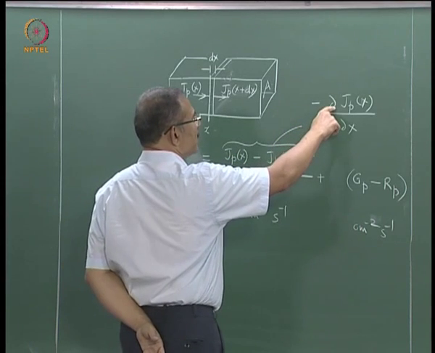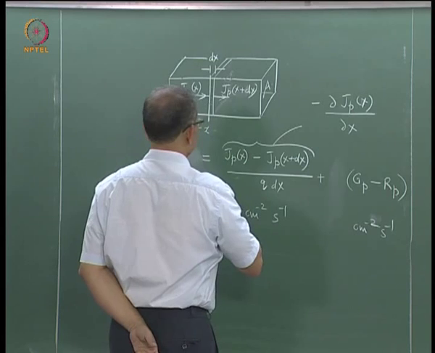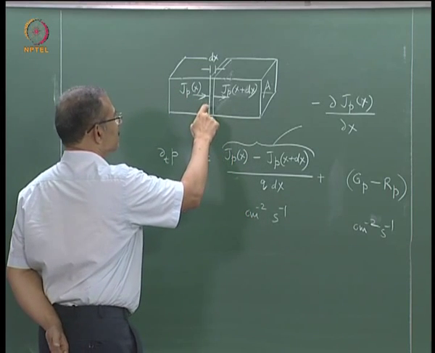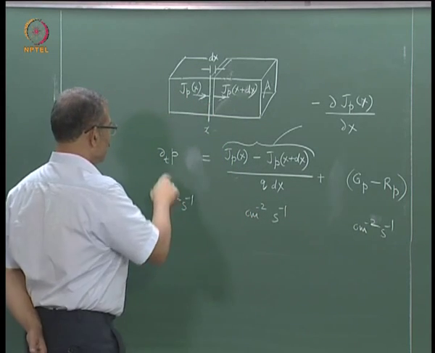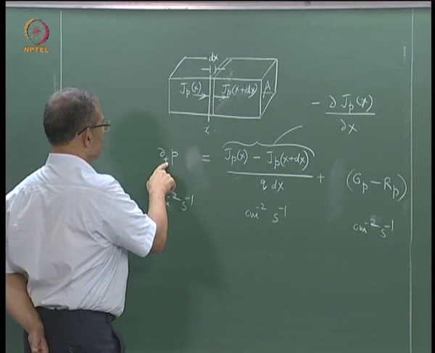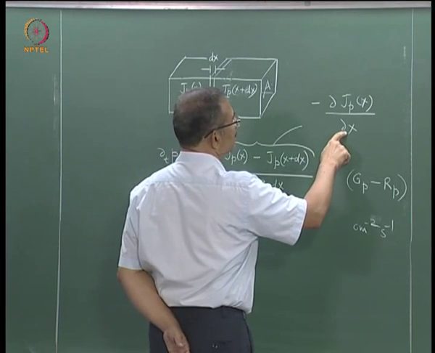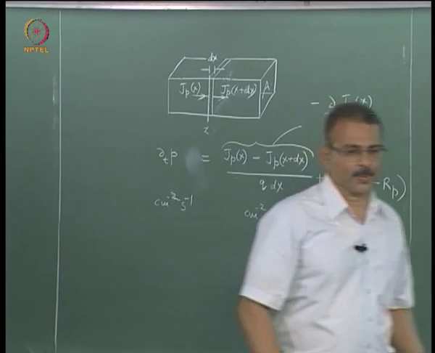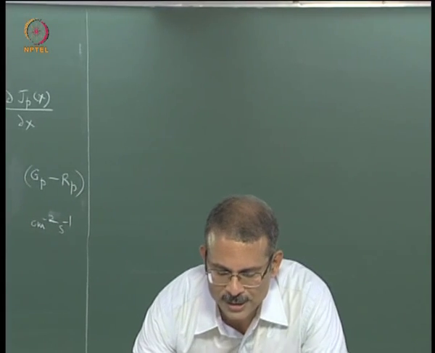Now we are putting a partial derivative here because things are changing with distance as well as with time. So while this is a derivative with respect to time, this is a derivative with respect to distance. So this is what is shown here.